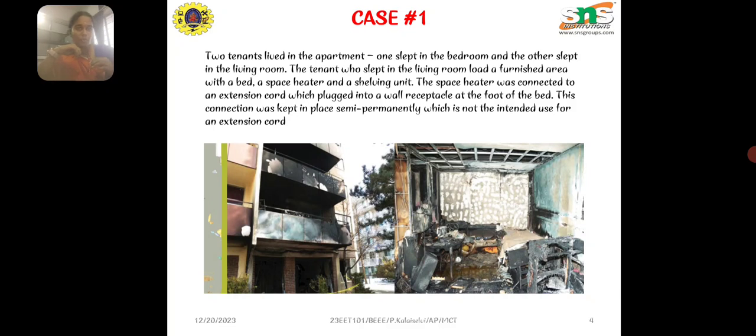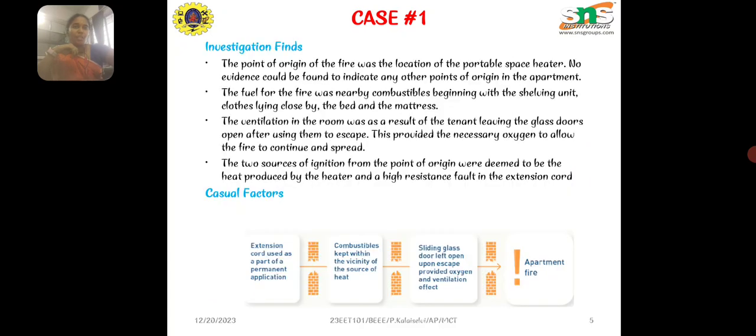These are the related pictures for case one, the apartment fire. The police department's investigation found that the point of origin of the fire was the location of the portable space heater.